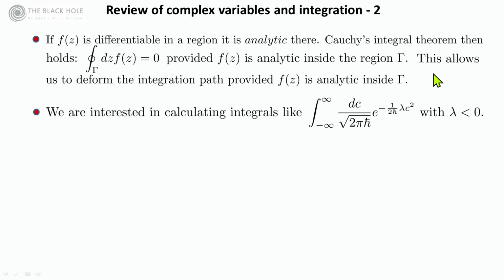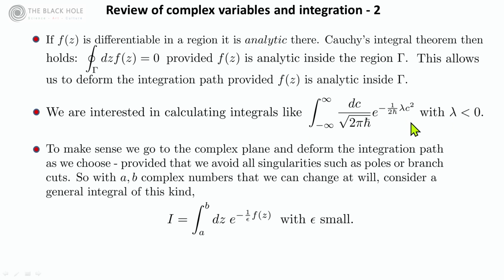Okay, so we're interested in calculating an integral like this, as I said before, with lambda negative. So then what we will do is, we will go to the complex plane and we'll deform the integration path as we want, provided we obey the rules. That is to say, we avoid all singularities, such as poles, branch cuts, essential singularities, whatever.